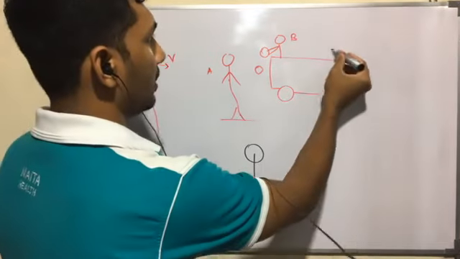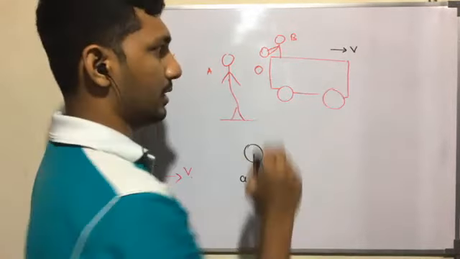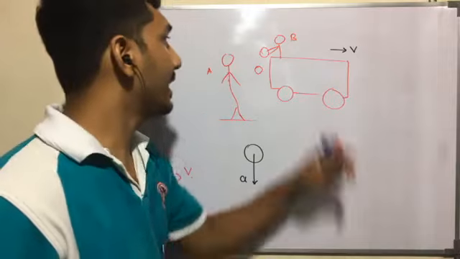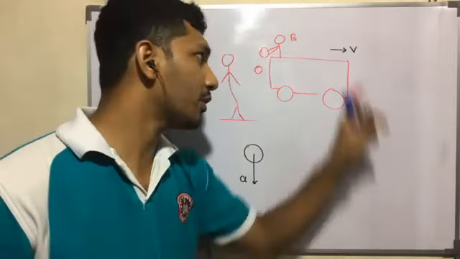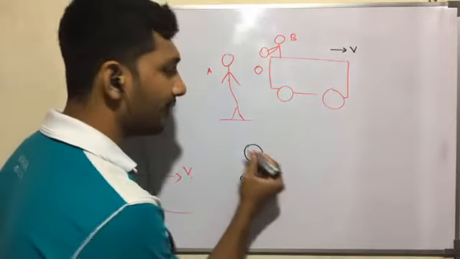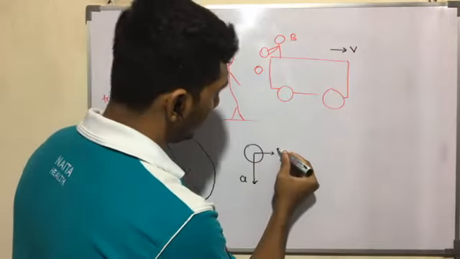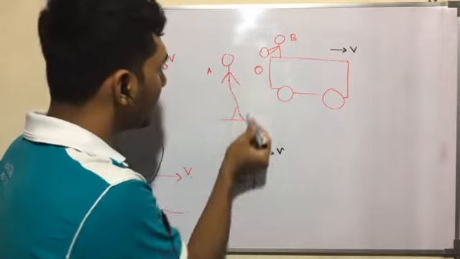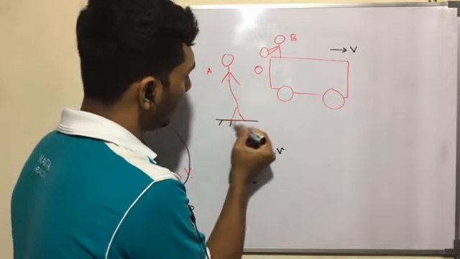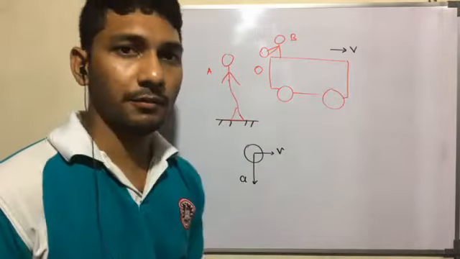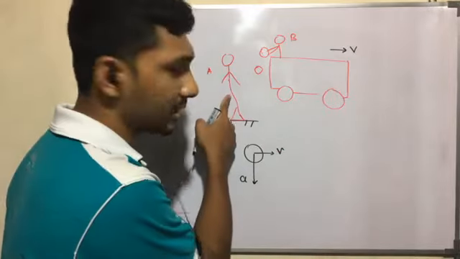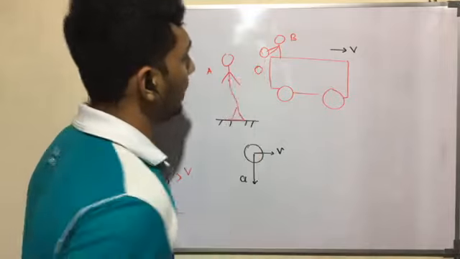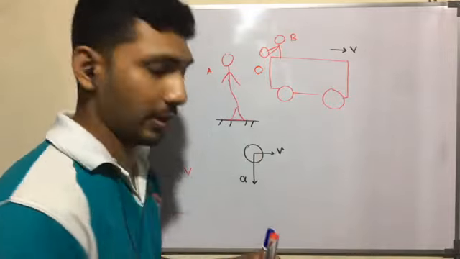So this trolley has a velocity, and all the objects in that trolley will have the velocity of the trolley. So this ball will also have a velocity in this direction. So the stationary person in a stationary frame will see this velocity, because he doesn't have such a velocity, but the ball has the velocity.